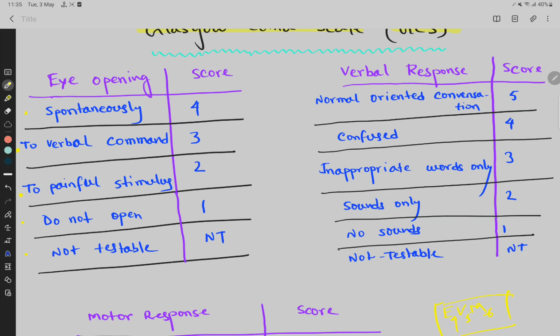And not testable, then it is empty, because if there is a pack over his eyes, that is not testable. That's why this part is called not testable or empty. So eye opening: spontaneously 4, to verbal command 3, to painful stimulus 2, do not open 1, and not testable is empty.